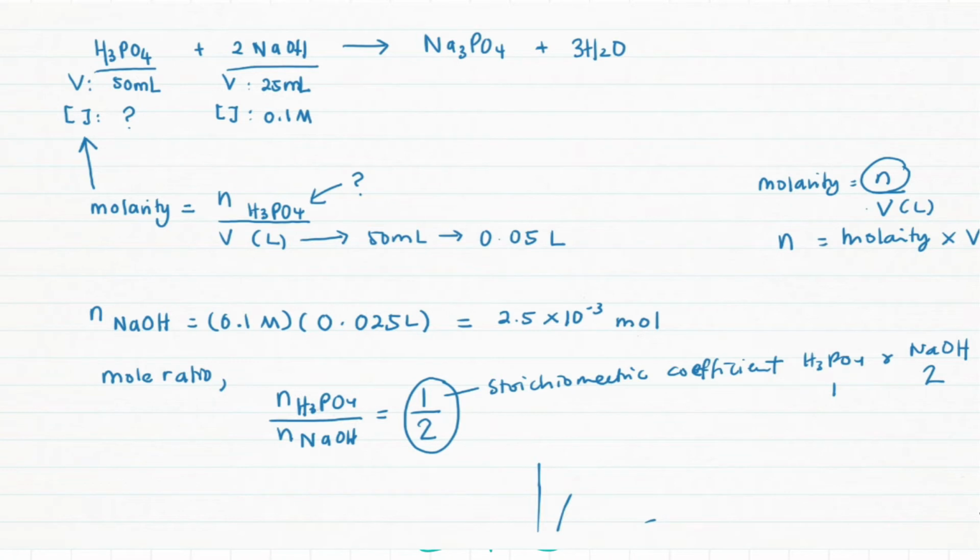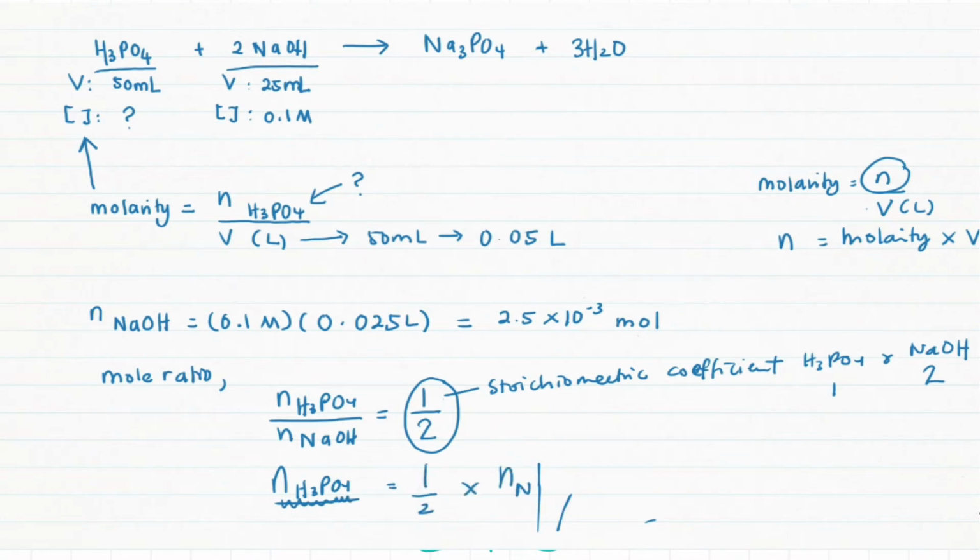So therefore, the mole ratio of H3PO4 to NaOH is 1 over 2. 1 is the stoichiometric coefficient of H3PO4, 2 is the stoichiometric coefficient of NaOH. Therefore, mole of H3PO4 divided by mole of NaOH is equal to 1 over 2.